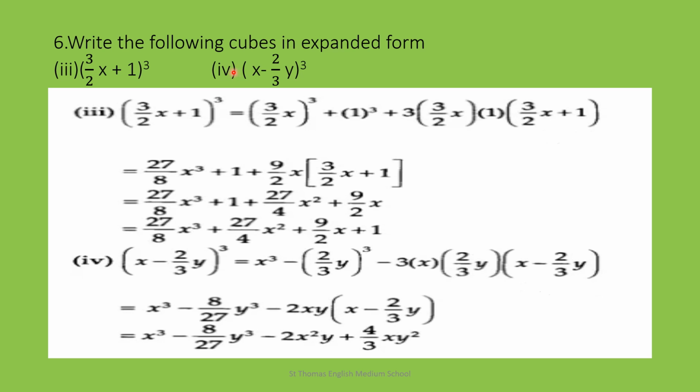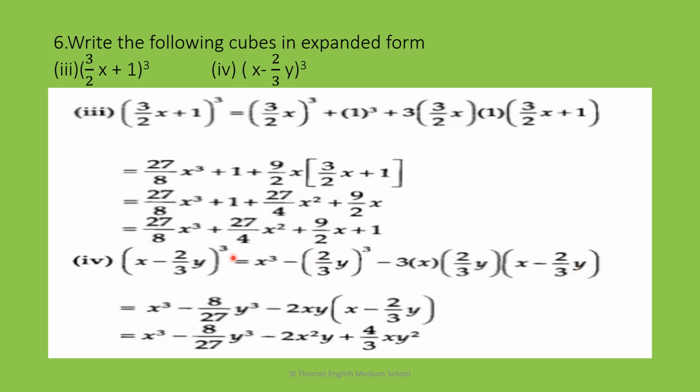Moving to question number 4, that is (x - 2 upon 3y) whole cube. Since it is negative sign and you are finding the cube, so you are using the identity (a - b) whole cube. (a - b) whole cube is a cube - b cube - 3ab multiplied by (a - b).